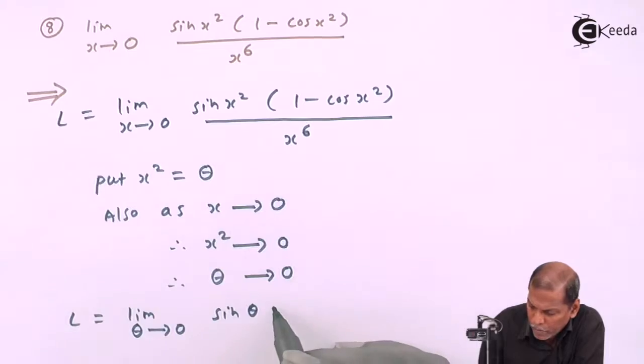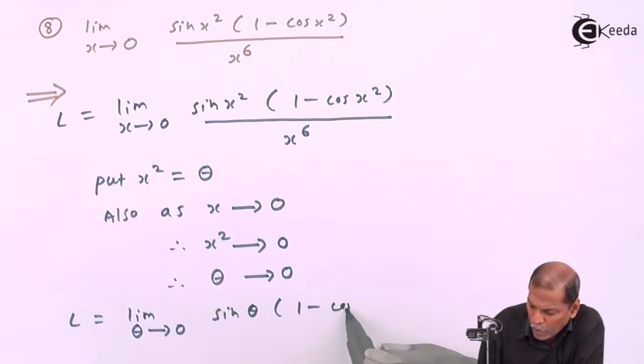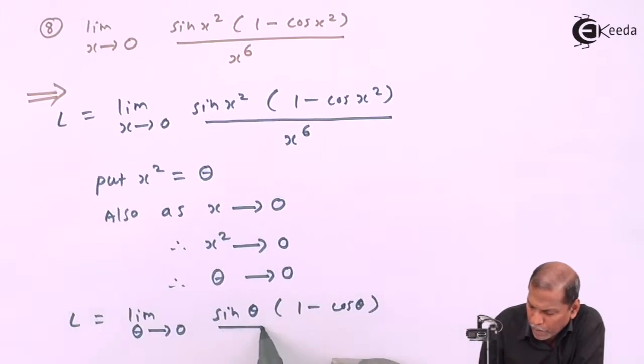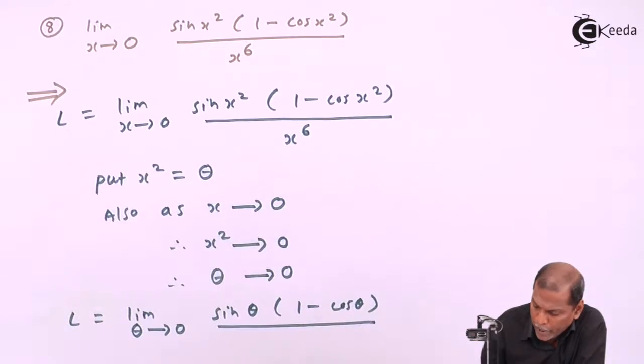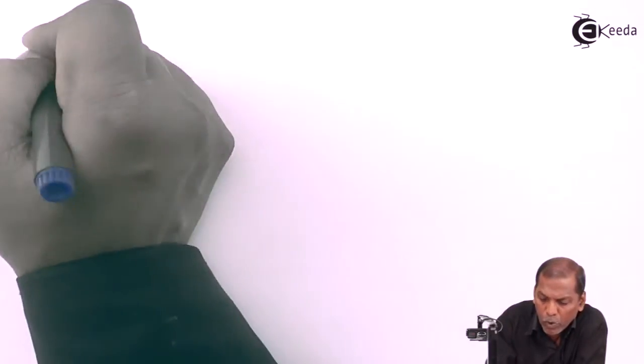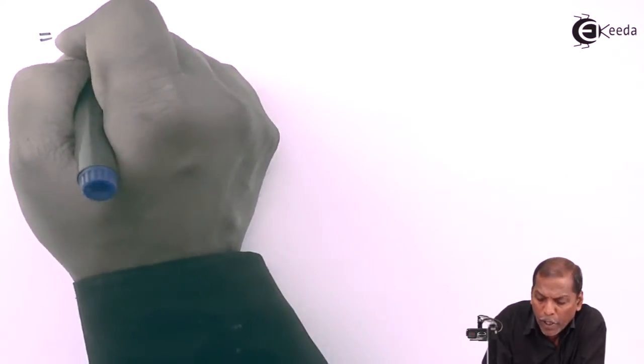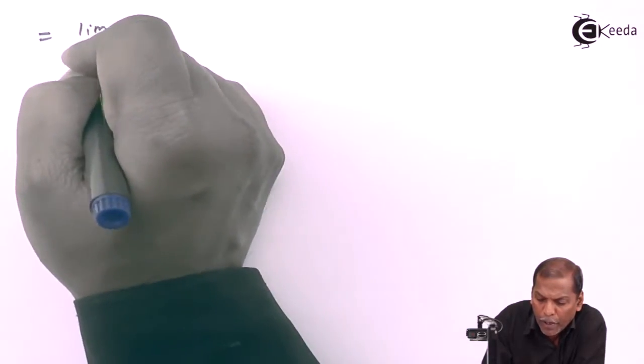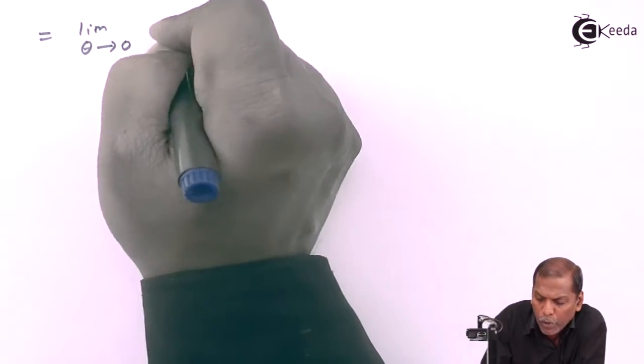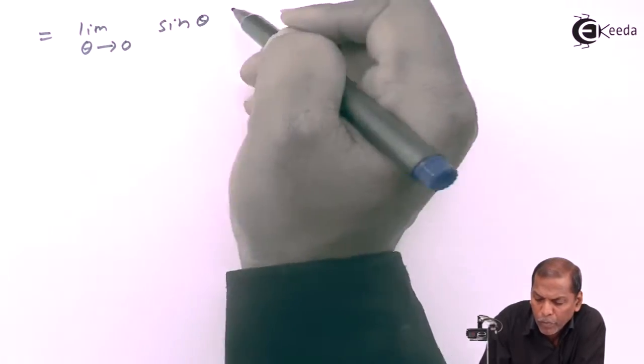sine theta in bracket 1 minus cos theta whole thing divided by theta cube. So that is equal to limit theta tends to 0 sine theta.